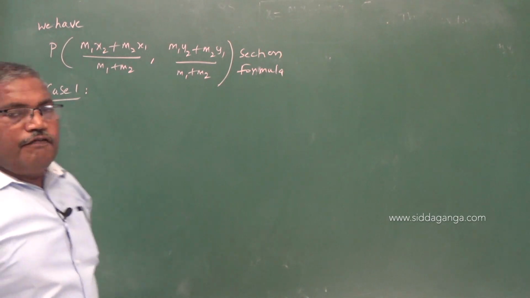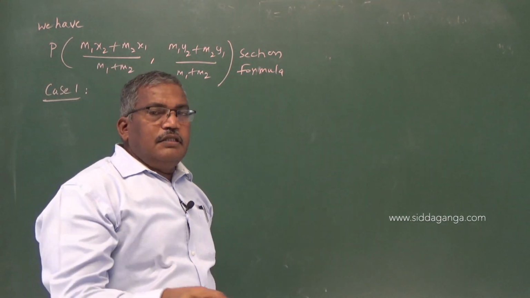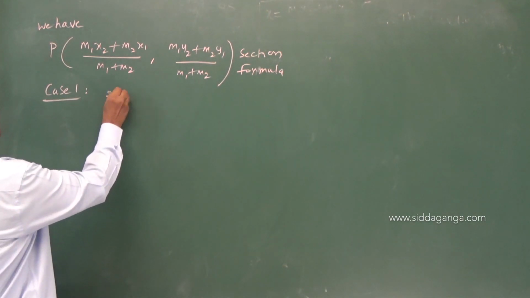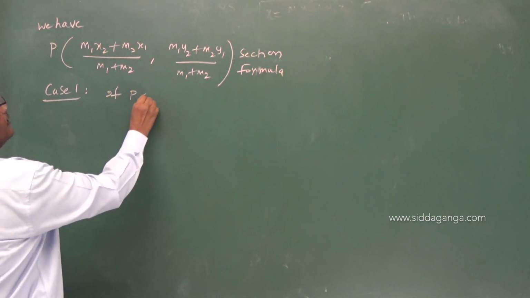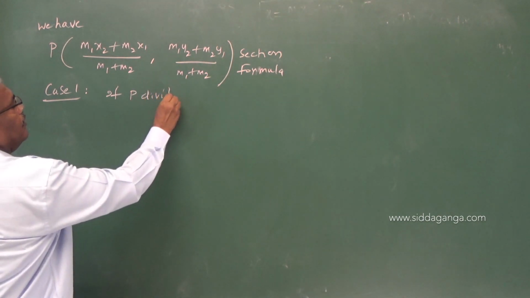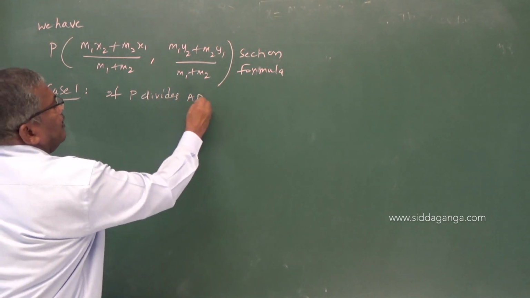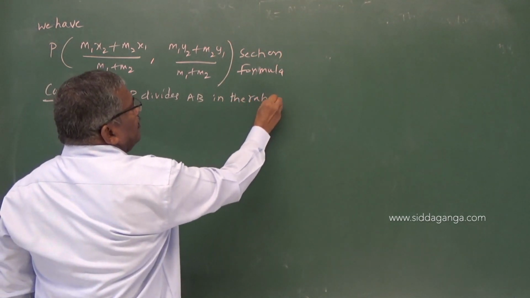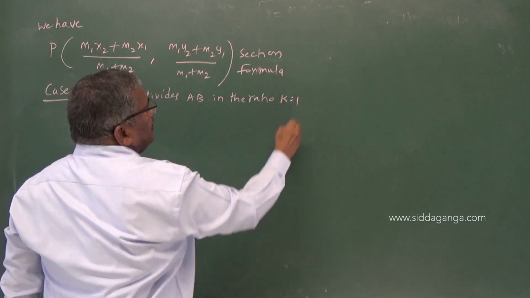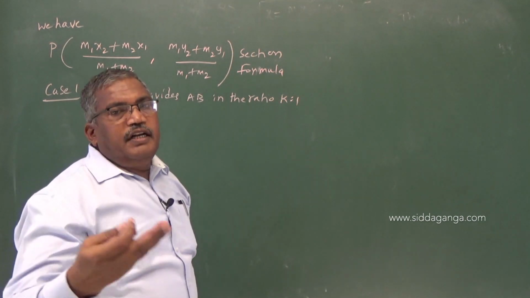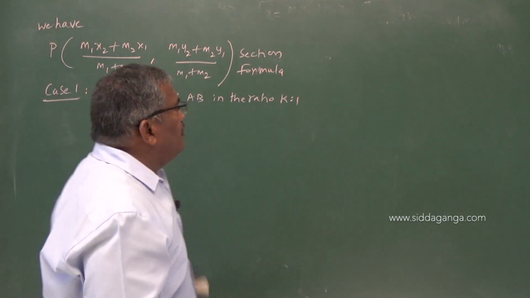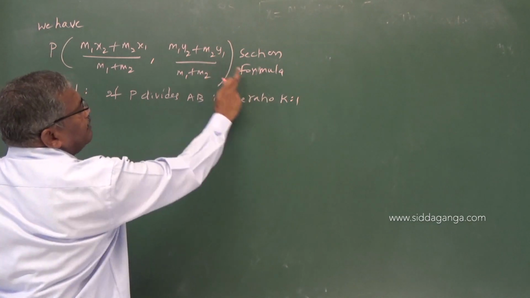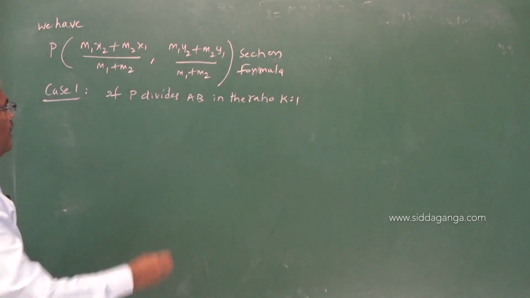Suppose P divides line AB in the ratio k is to 1. That means M1 and M2 become k and 1.